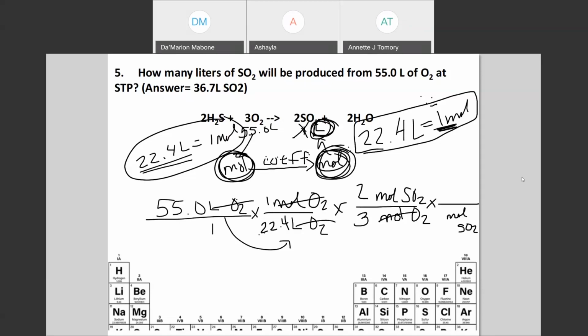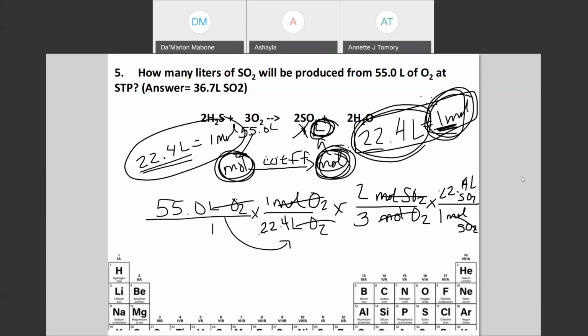Look at your conversion factor. What number goes with moles? 1. What do we use to get to liters? 22.4. So 22.4 liters goes on top of SO2. So that means moles of SO2 cancel out.